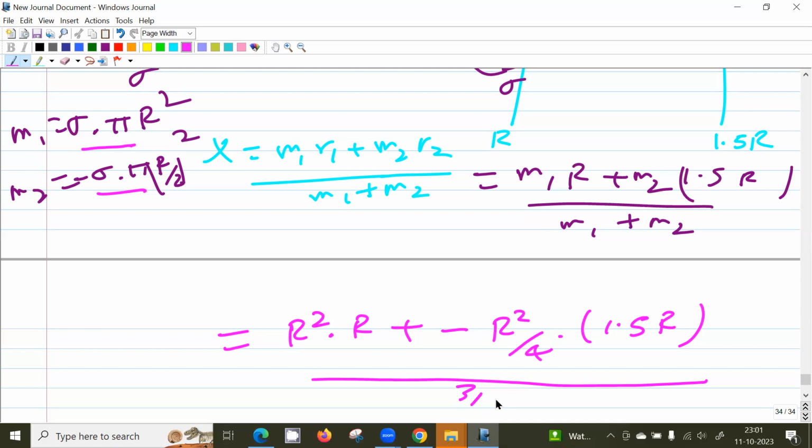And for M1 plus M2, I'm leaving out sigma pi because it will cancel. So R square plus 1 by 4, but the negative sign is there, so it becomes 3 by 4 R square. Okay, so from there I get the center of mass of this object with the hole. So the center of mass will be somewhere here.